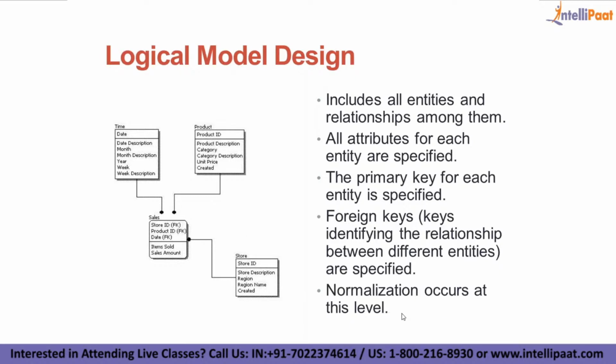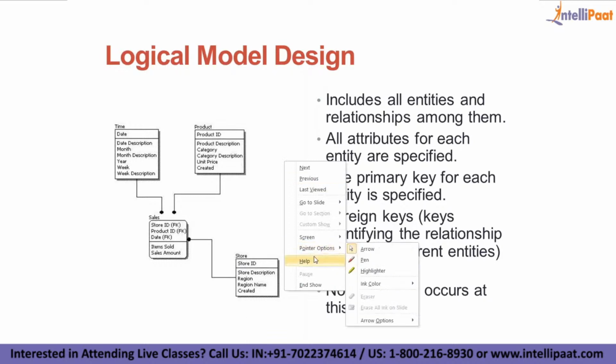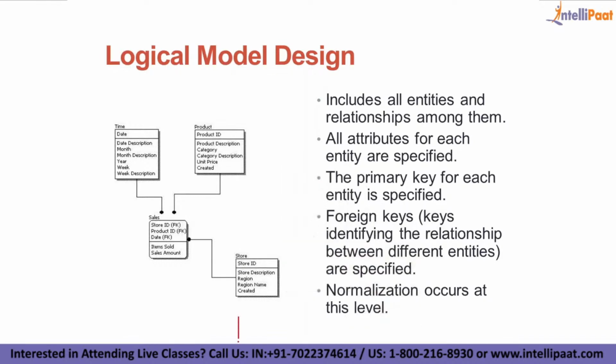Normalization, in the sense, for example, I have a store table. I'm assuming that in the store table I have the region and region name. So I can split this store table into one more table. Consider this is called normalization. Anyhow, we are going to see it tomorrow.